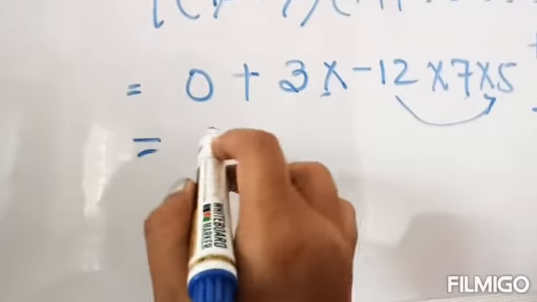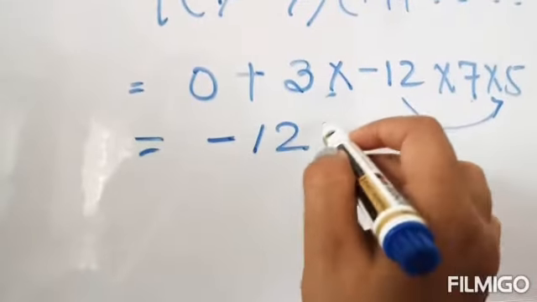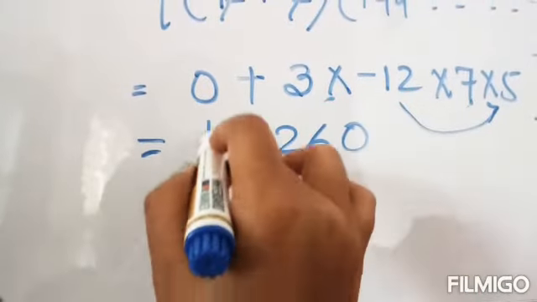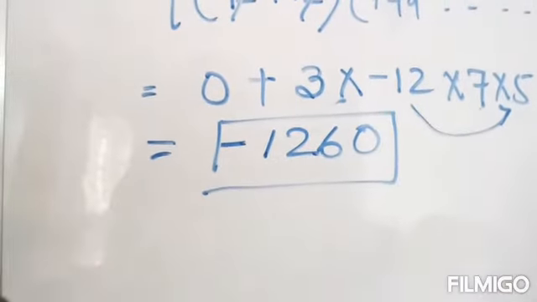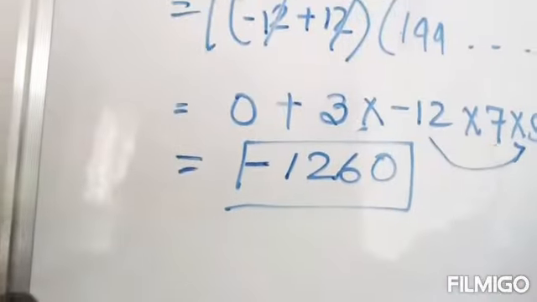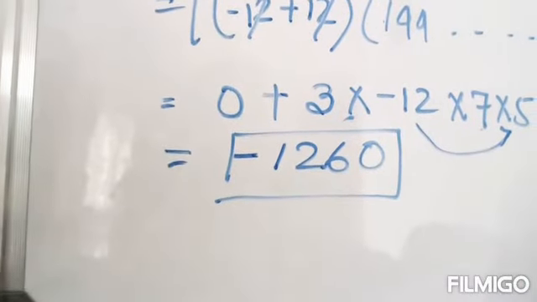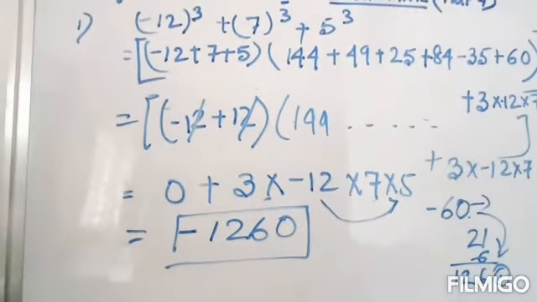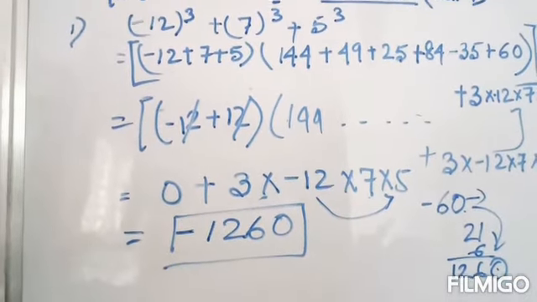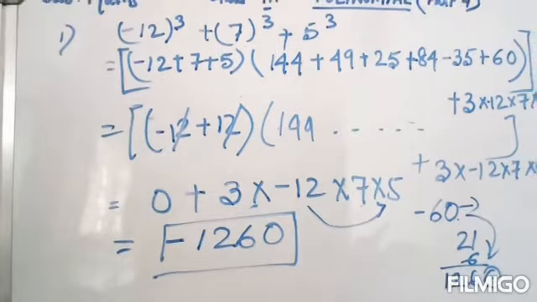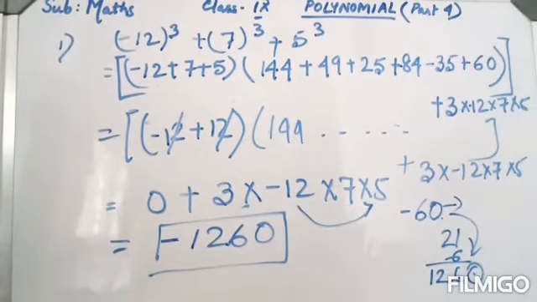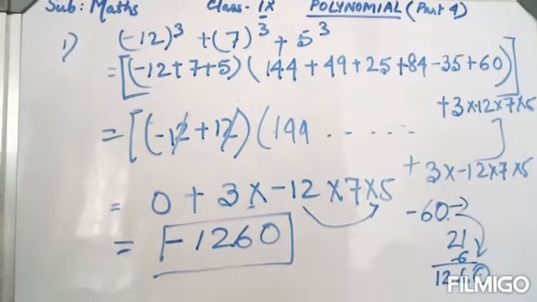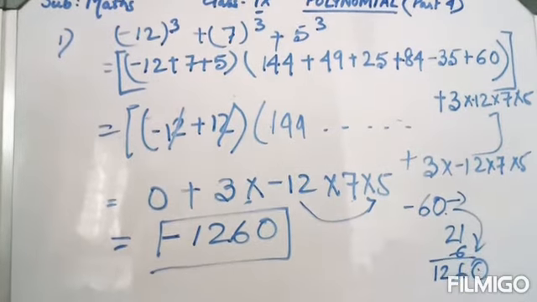So your answer will come as minus 1260. So without using your calculator, without taking much time, only using our identities, we have calculated the cube of 3 numbers. This is how you can apply the algebraic identities into our normal real life situations.